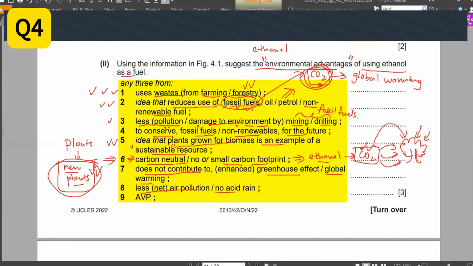When we use less fossil fuels, we know that in the fossil fuels we have nitrogen and sulfur. Sulfur and nitrogen will produce nitrogen oxide or sulfur oxide. So this will cause acid rain. So if we reduce fossil fuels, then we can reduce the acid rain. Yes, okay, so these are all of the acceptable points.